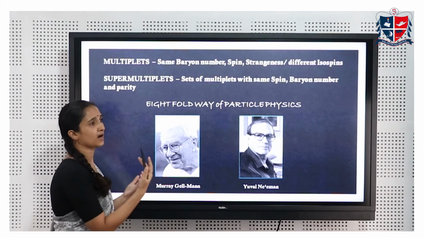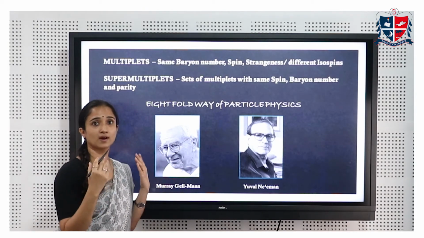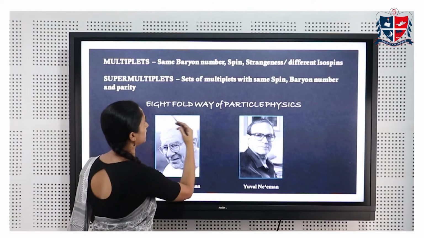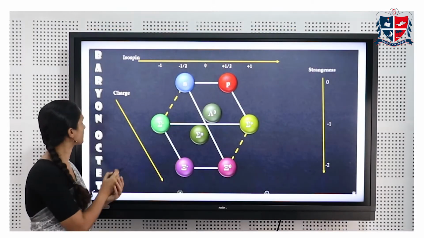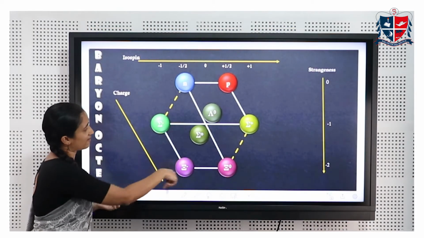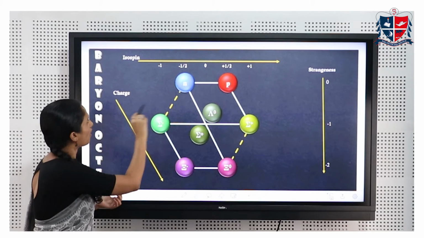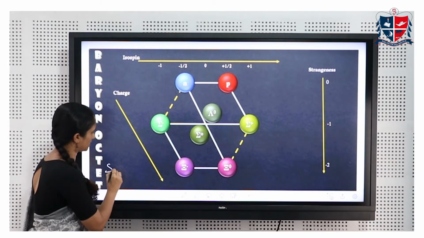So let's see how we are going to arrange hadrons into an eightfold way. This is the first one, which we call the baryon octet. Here we have arranged baryons, and all these baryons are spin half.